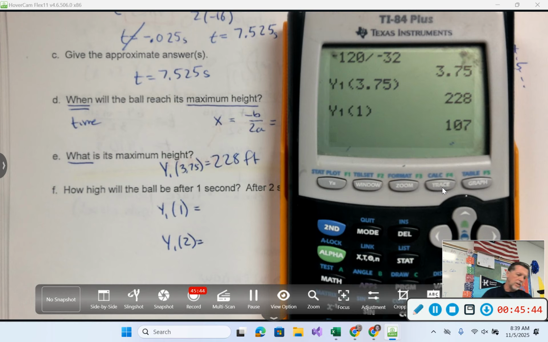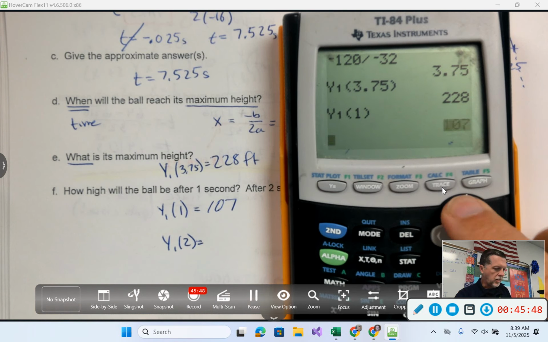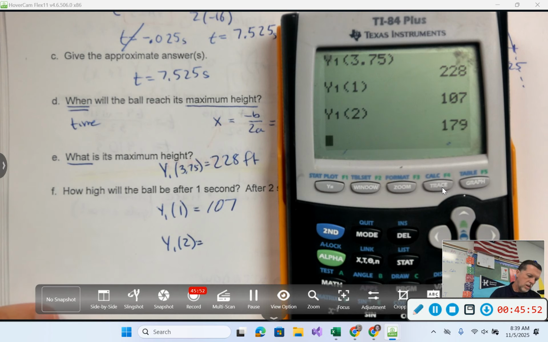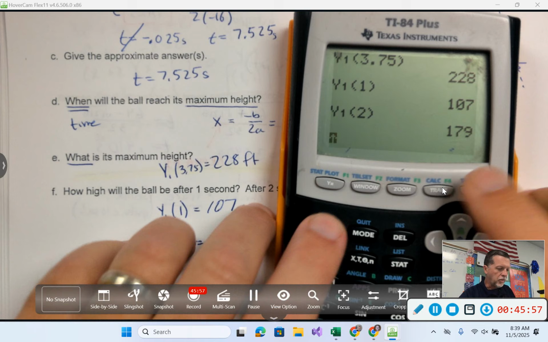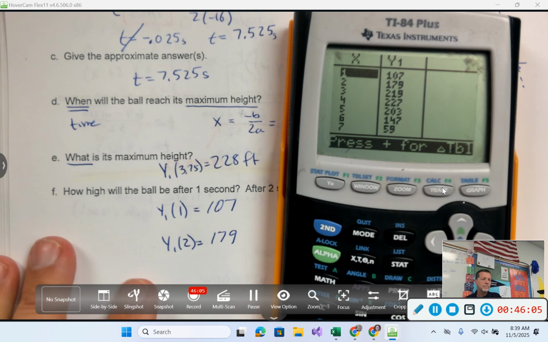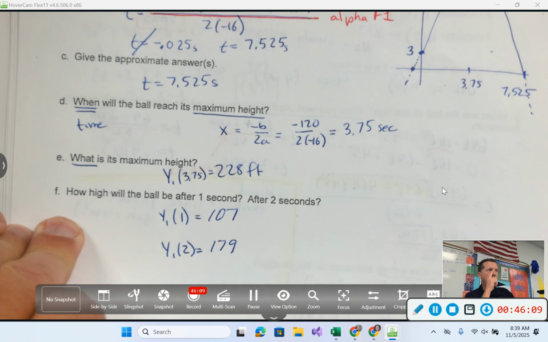So there's Y1. Then do it again, but now put in 2. That should be the same thing the table says. So multiple options, or the worst option would be typing it all in, if you didn't trust your calculator.